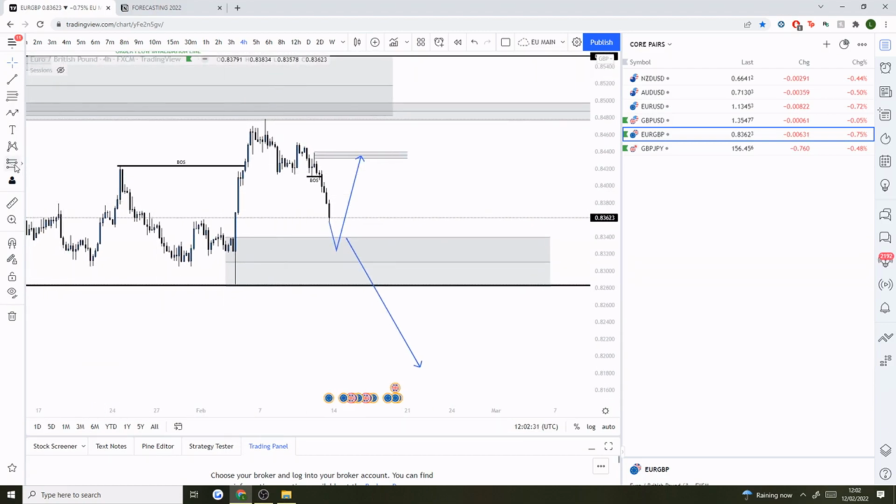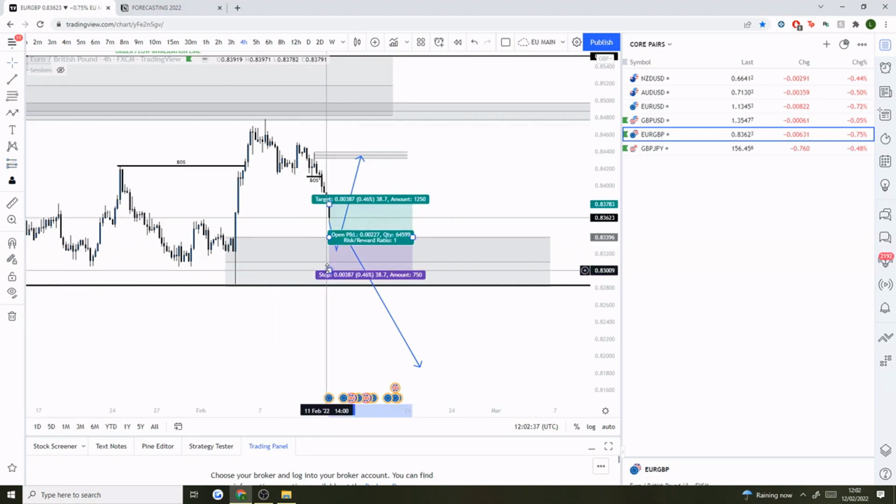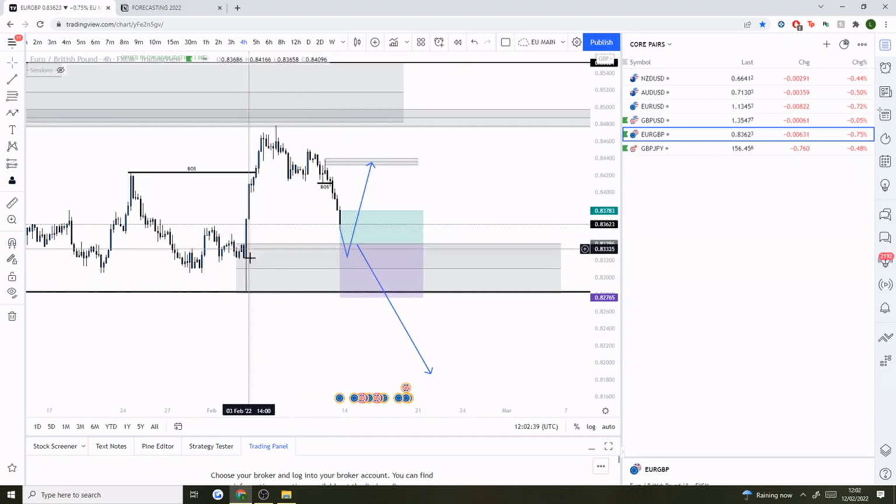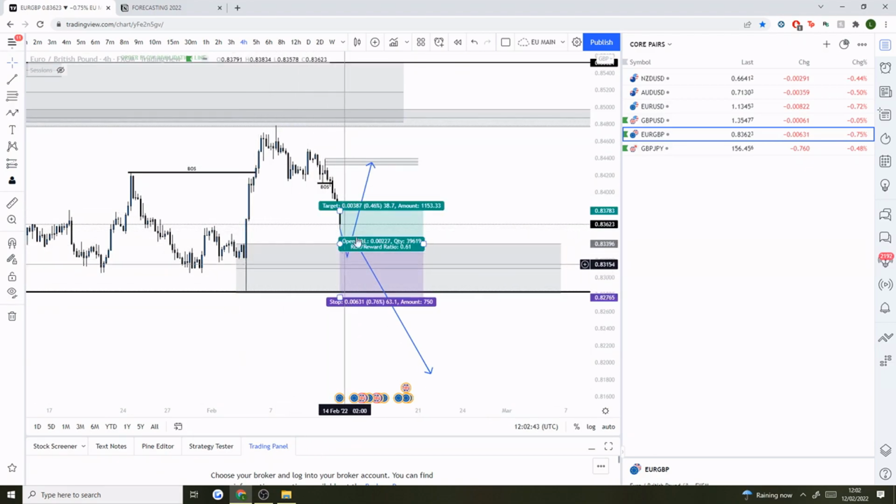So what I'm going to be looking at is, firstly, we'll look for some type of buy move away from there, because with the amount of momentum that came out of that area, there's a good chance that we are going to see some bullish volume coming through.